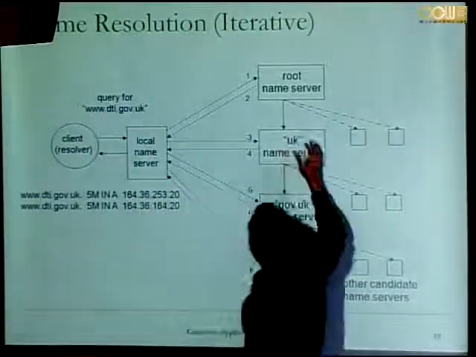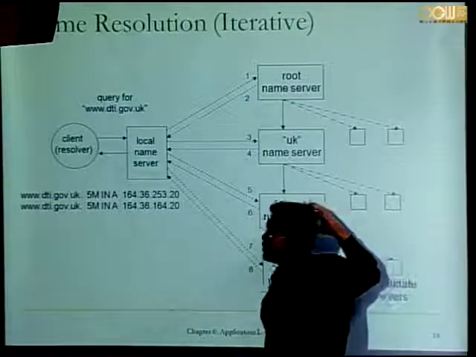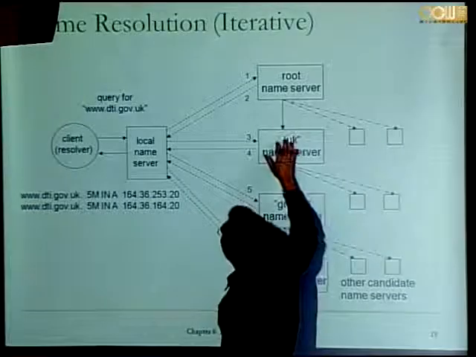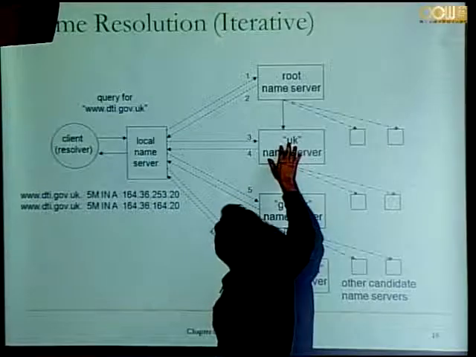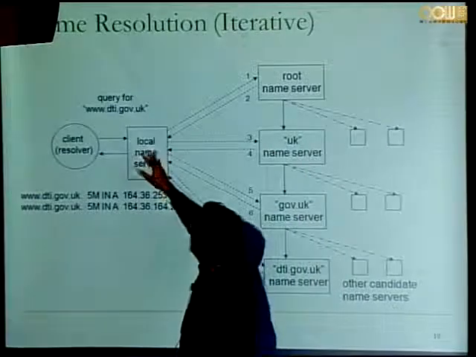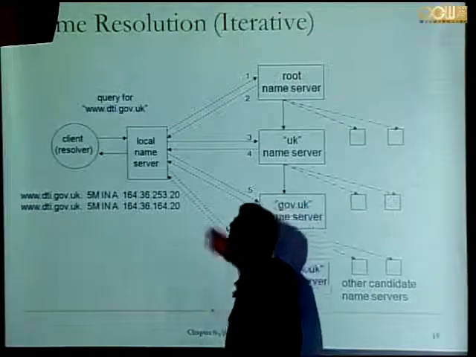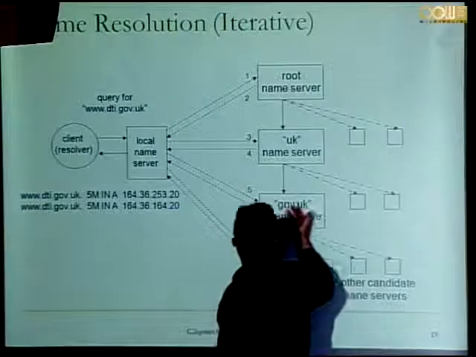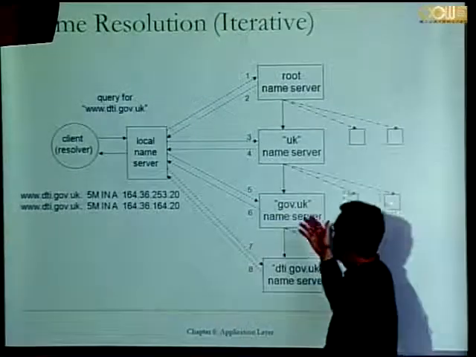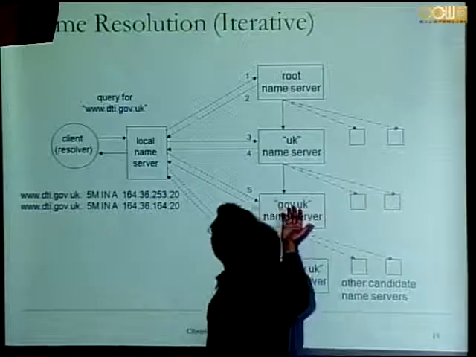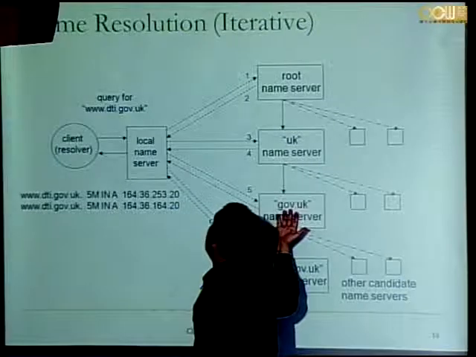And the UK name server says, okay, I know UK, but I don't know GOV and anything under GOV, but I know the name server in charge of the GOV. So it replies with the gov.uk name server. So again, you ask the gov.uk name server, and then it says, okay, I don't know things under DTI.